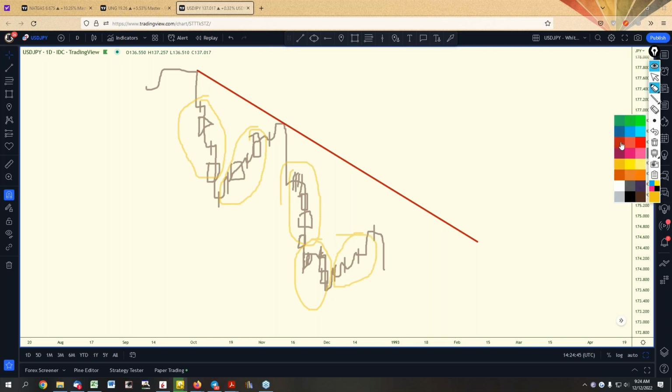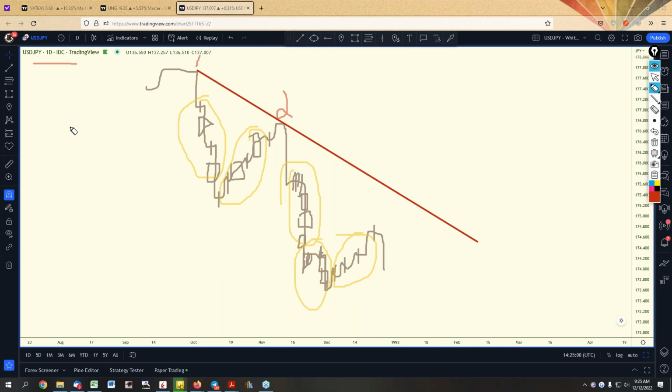Right? In the first example, it's so simple, so obvious, so in tune with the time frame, meaning the structure we're looking for is created within that time frame.